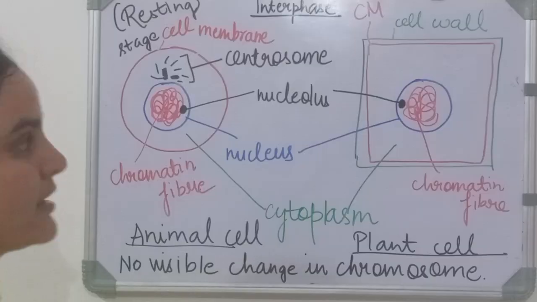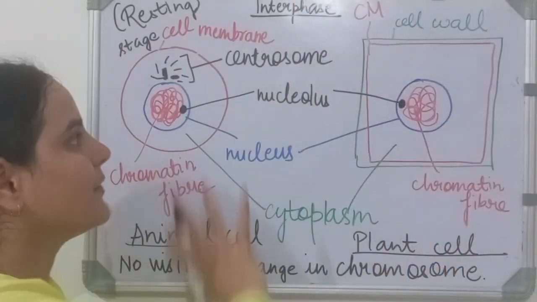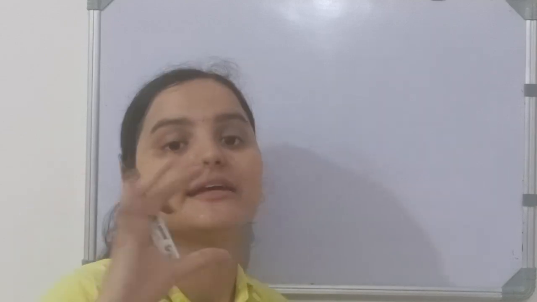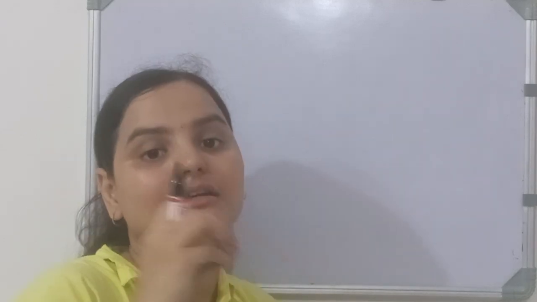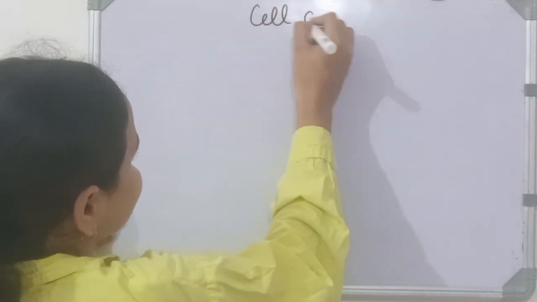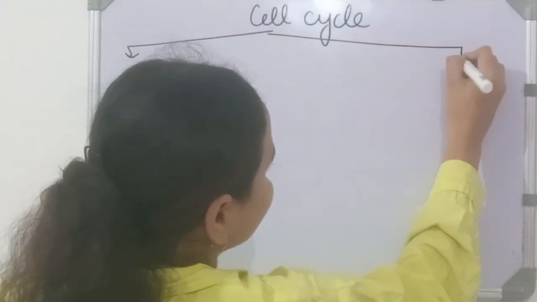Okay, we have done everything about interphase stage. So this is the last thing for today's lecture. So let's summarize cell cycle and see the phases of cell division. So cell cycle was divided into two phases.